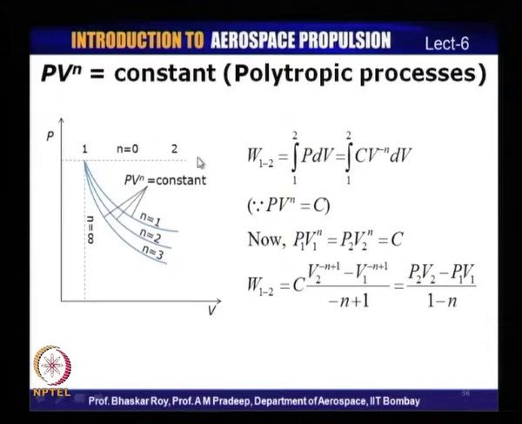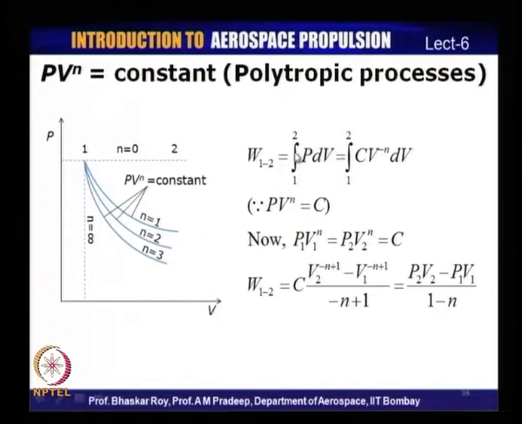When n equal to 0, you will have a constant pressure process. We have already seen the work done for a constant pressure process, which is equal to pressure times the difference in the volumes. If n was equal to infinity, then you get volume equal to constant, wherein the work done will be equal to 0, because the area under the curve is 0.